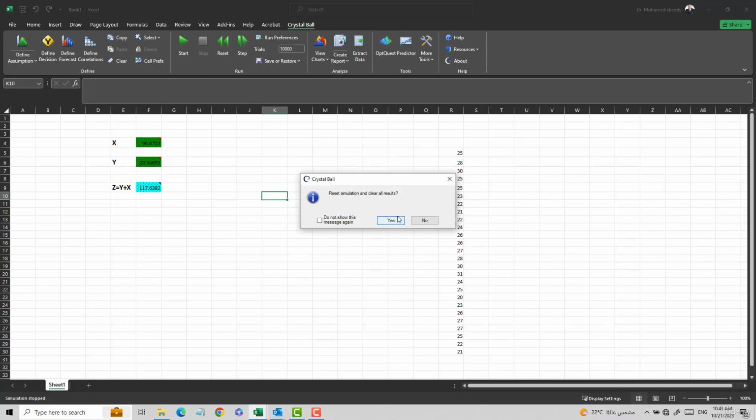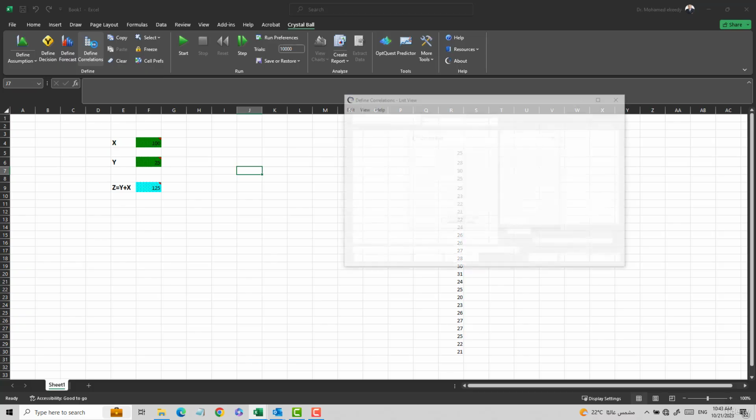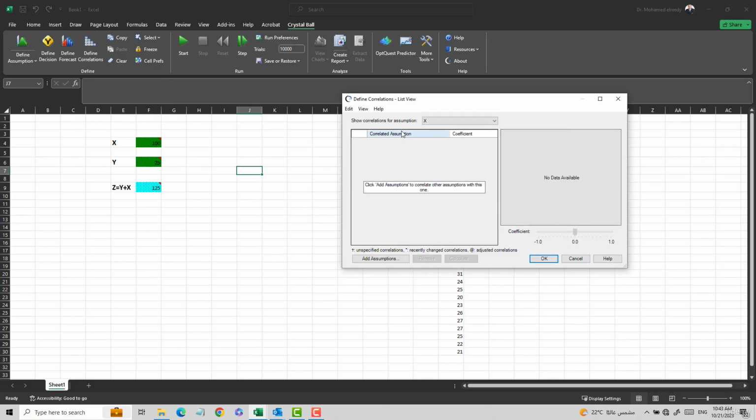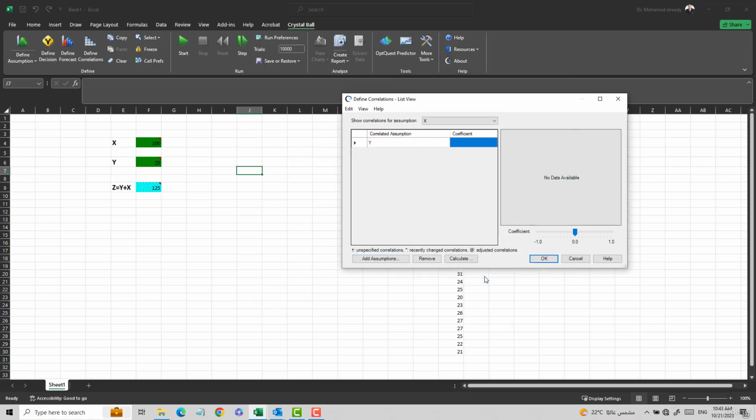Okay, but here I make a reset. Here we have another assumption. We have to define according to the defined correlations. What about the defined correlation? This is the x assumption and y assumption. So what's the correlation between these two assumptions?